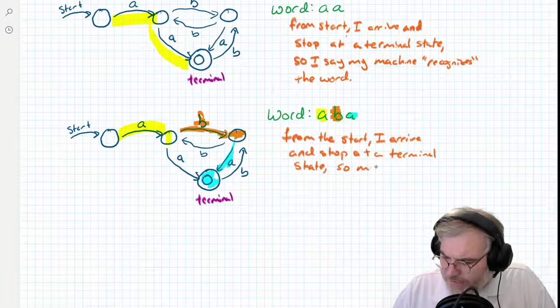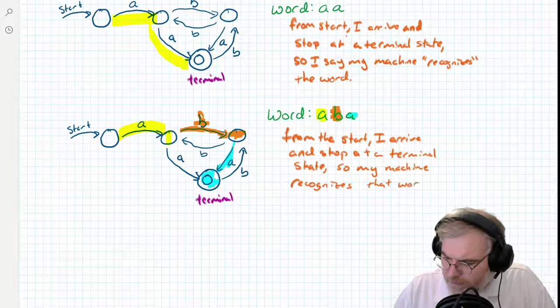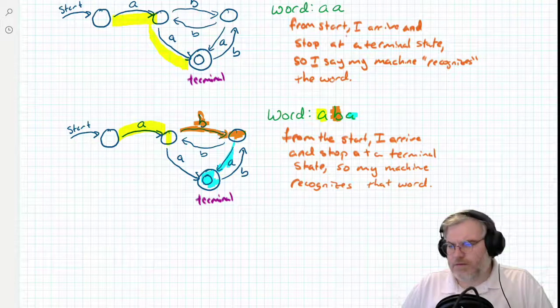So my machine recognizes that word. Okay.